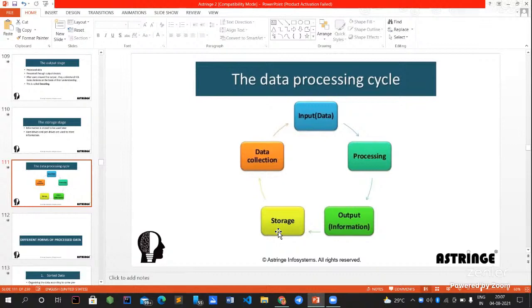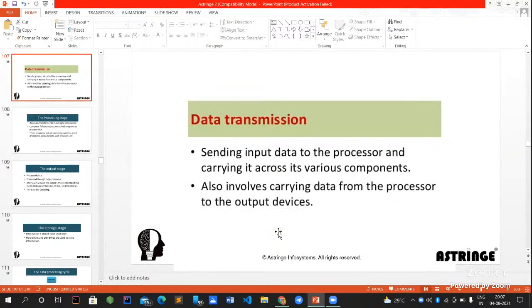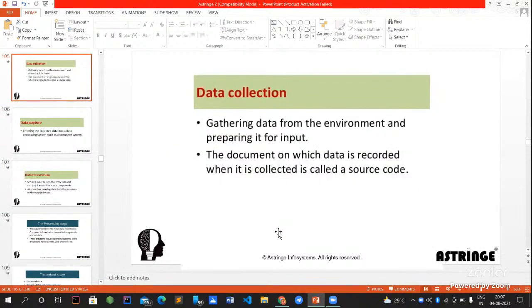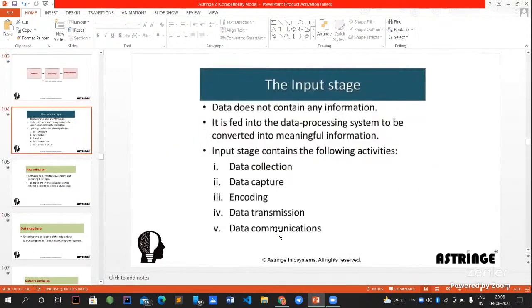Now we read about how your raw data has been captured in your input stage. That data does not need any categorization. When you feed that data, all the versions of data processing are done, so that the system converts it into meaningful information.